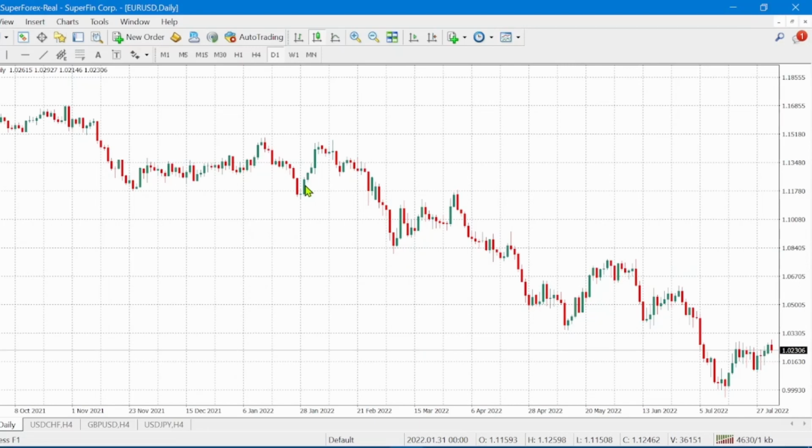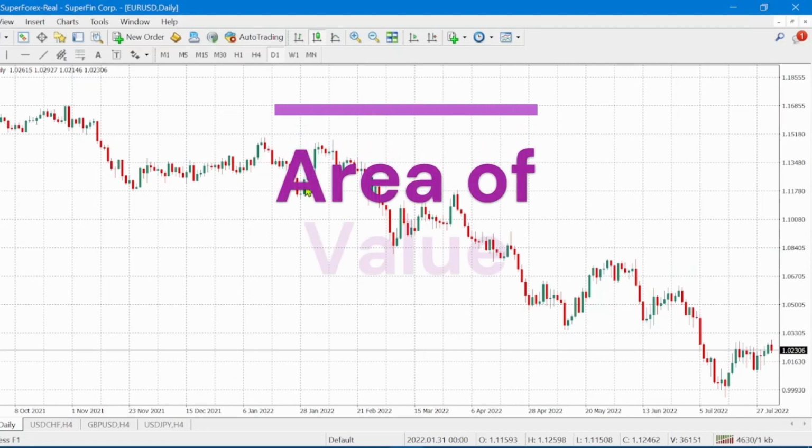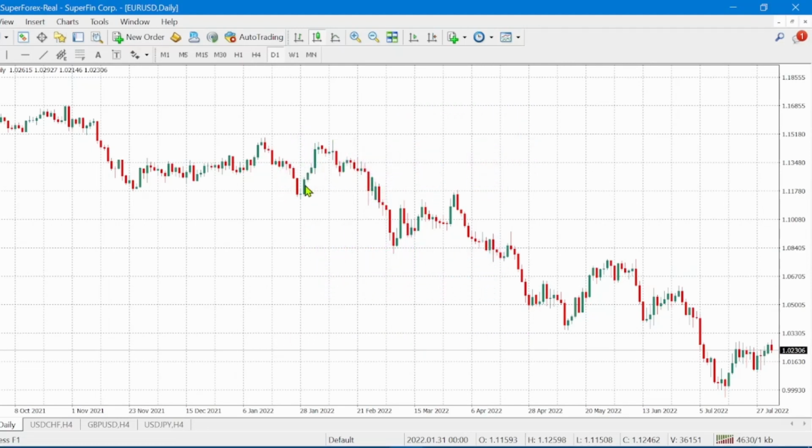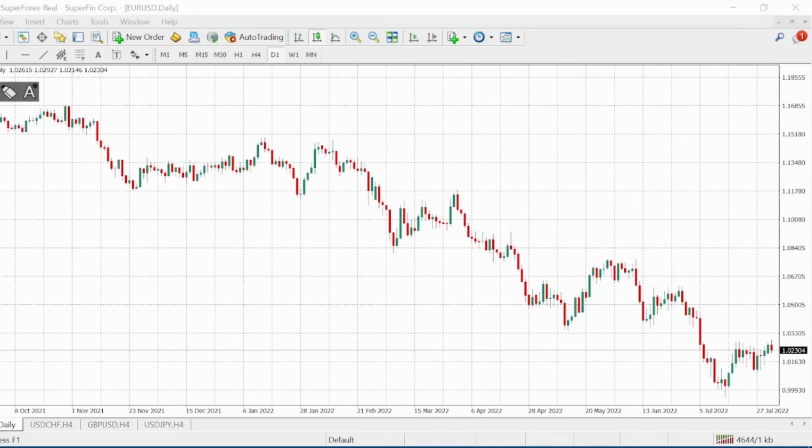The second thing that we are going to look at is area of value. Potential buying and selling pressure. It doesn't matter if the market is on a downtrend. It can go into consolidation like here.